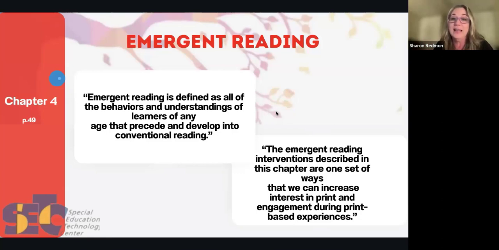But having our OT, speech, PT, vision, all of the people come in and work on emergent literacy together just makes it even more powerful. So I love that you're there and doing that. I want to come in and soak it all up.